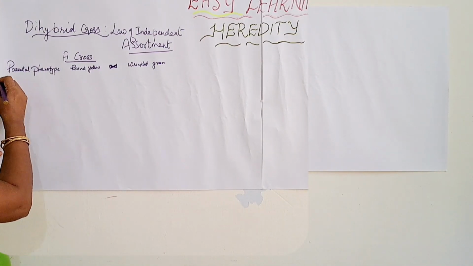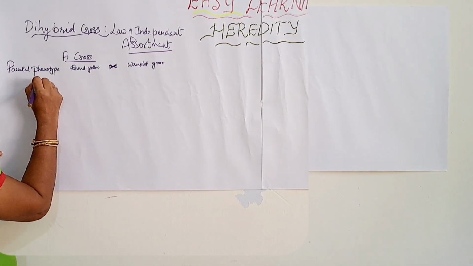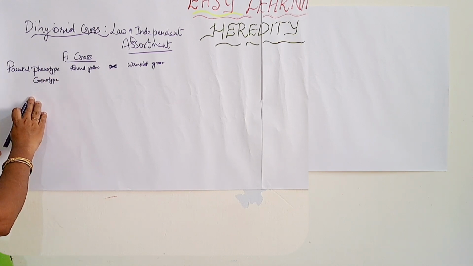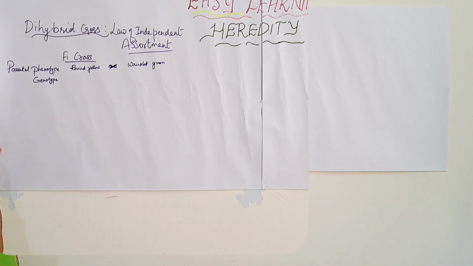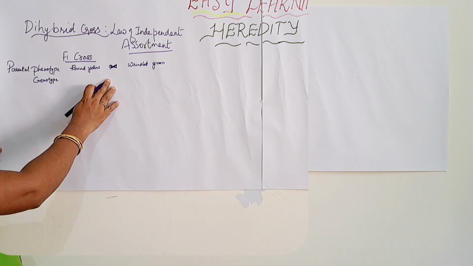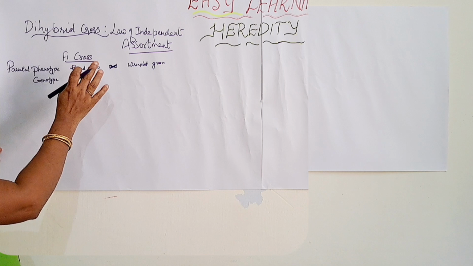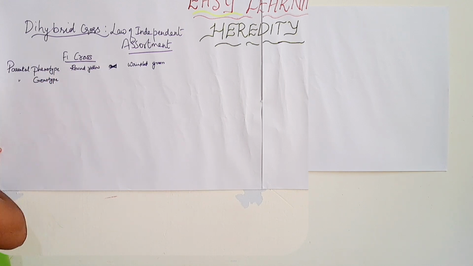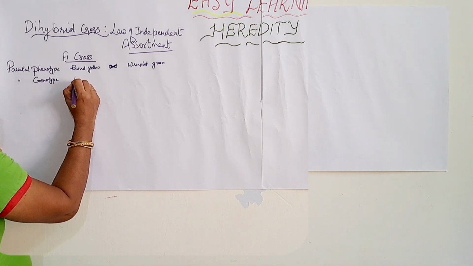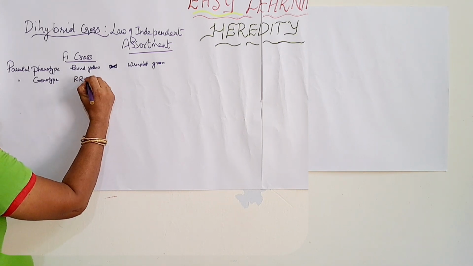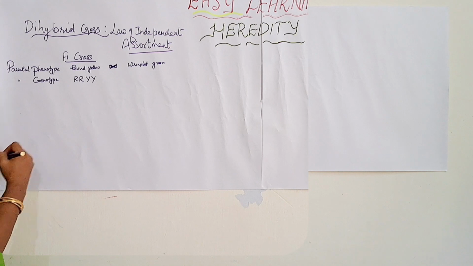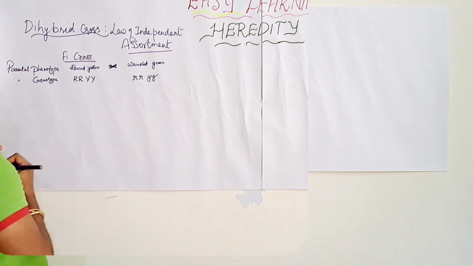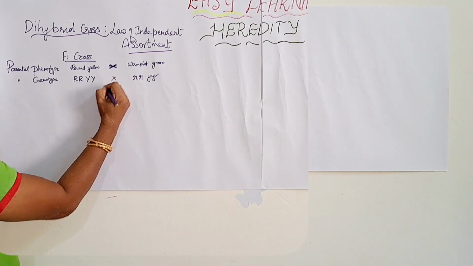Then he has written the parental genotype. In the previous video, the last video of the first part of this chapter, I have explained what is phenotype and what is genotype. So the parental genotype is round, capital R, yellow, capital Y, and wrinkled, small r, and green, small y. This is how he has crossed.